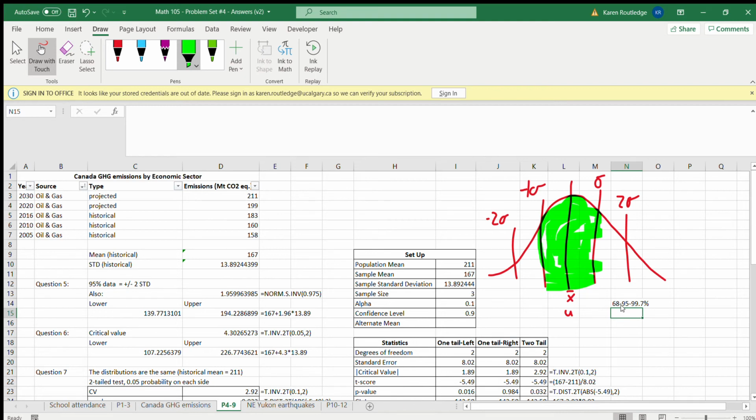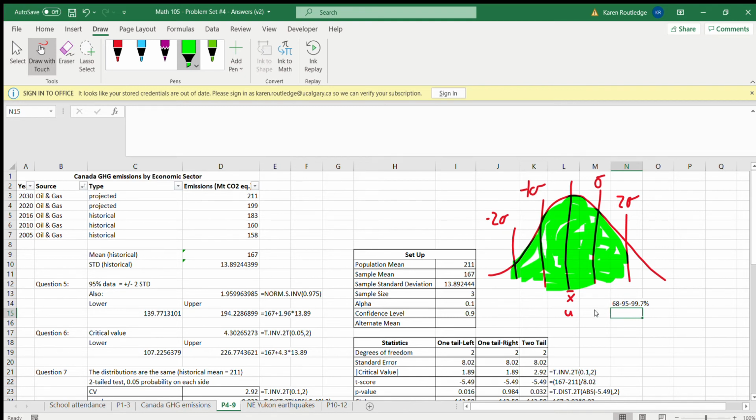It makes sense then, following the rule, that if we expand this out to -2 standard deviations and +2 standard deviations, we now increase to 95% of the data. So 95% of the data is in between -2 and +2 standard deviations.